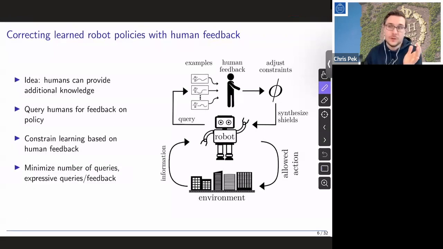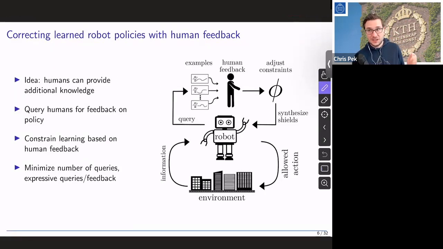Very important for the whole lecture today, or in general, when you want to leverage humans: humans are a very, very expensive resource and also oftentimes uncertain. So what we want to do when we leverage humans in the loop for reinforcement learning is minimize the number of queries. We don't want to query them at every episode.